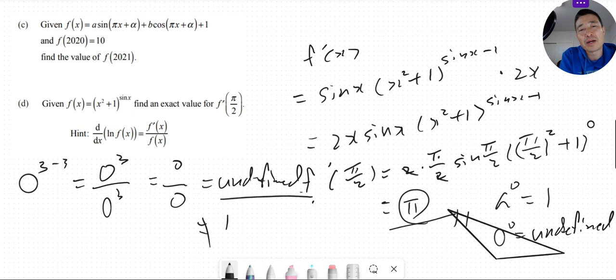I kind of understand why the Google calculator says 1, but it just confuses us. So it shouldn't say 1. If you happen to use a Google calculator, just ignore it. It's got to be undefined. If you check this on your calculator, it will say math error. So actually it means undefined.